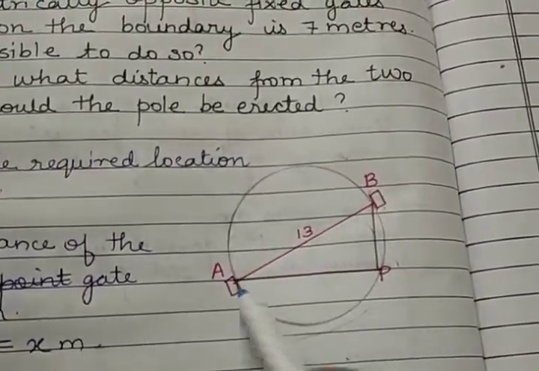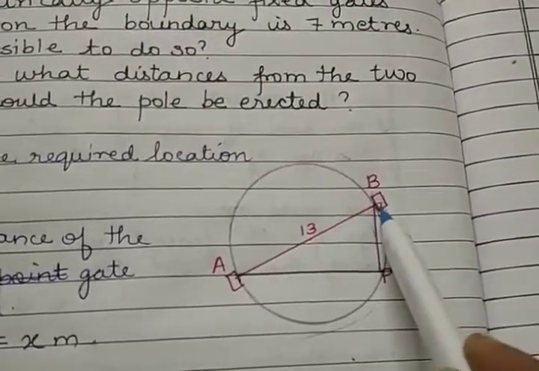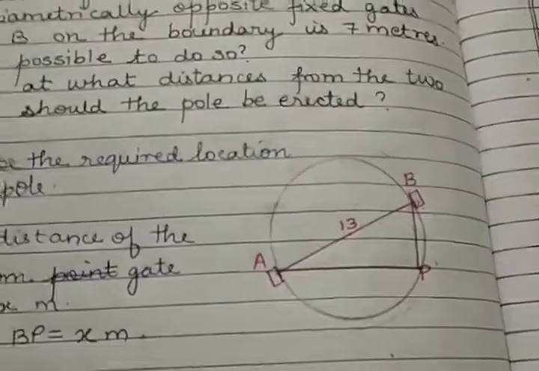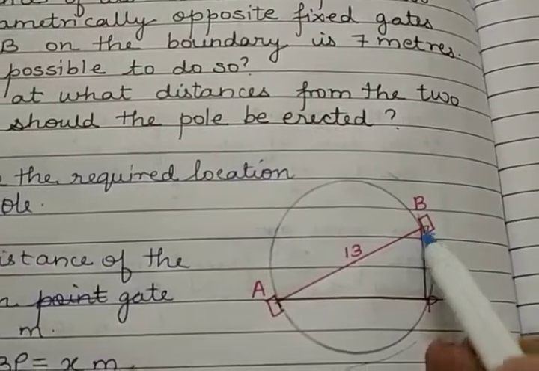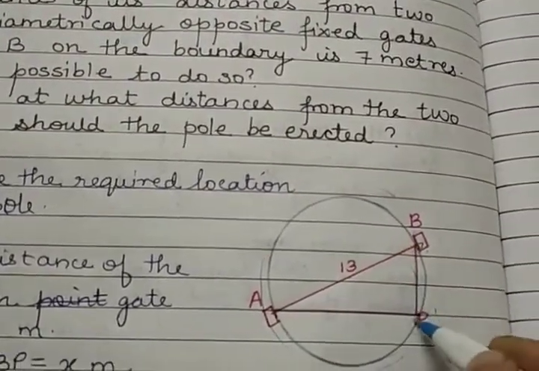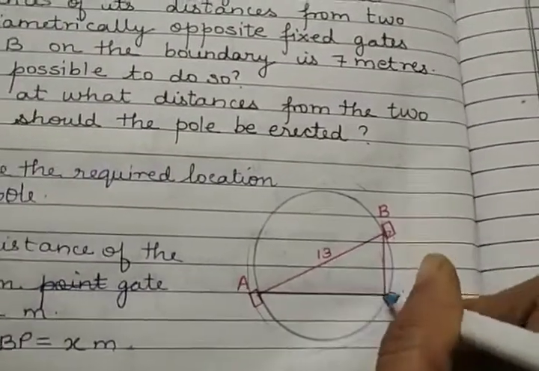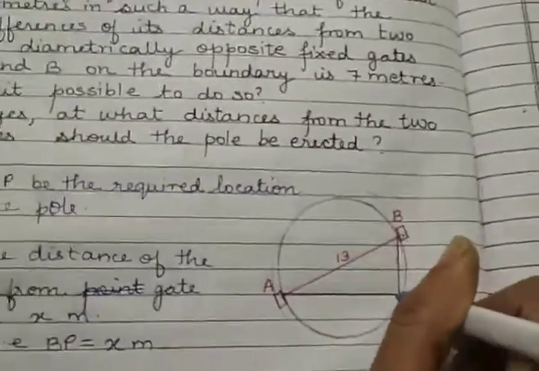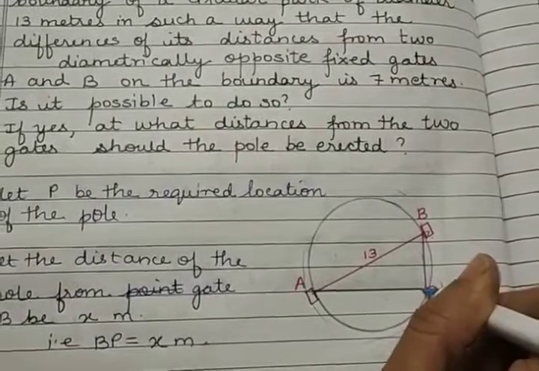So if it is on this side, the other gate is on the other side. So now you want to erect a pole in such a way. Now the pole has to be on the circular park. So let us take the point as here. Suppose let the pole be erected at this point P.